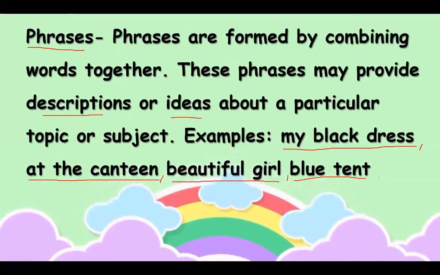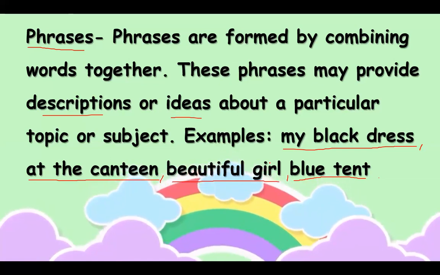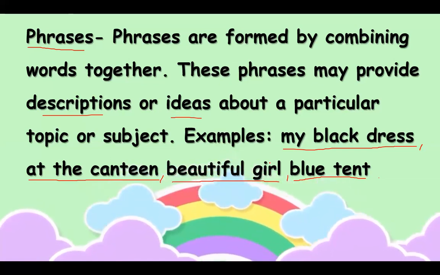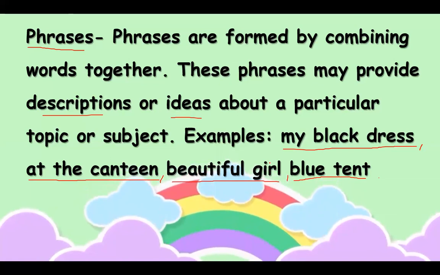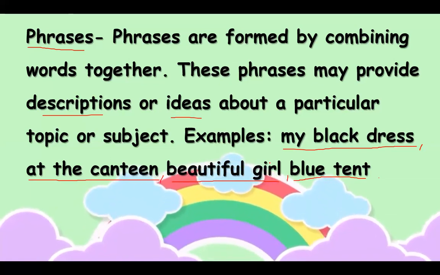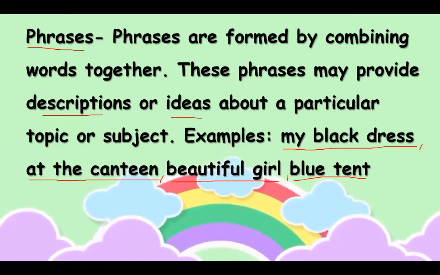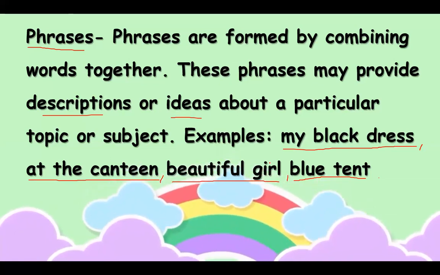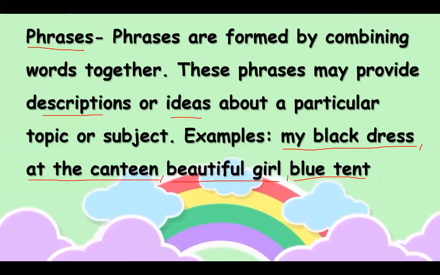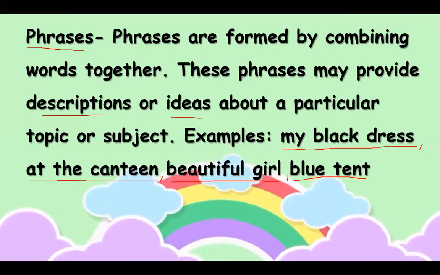It doesn't have an idea or a thought. So it cannot be considered a sentence. Like for example, my black dress. So my black dress is what? There's no continuity. So it cannot be considered a sentence. We call that a phrase.